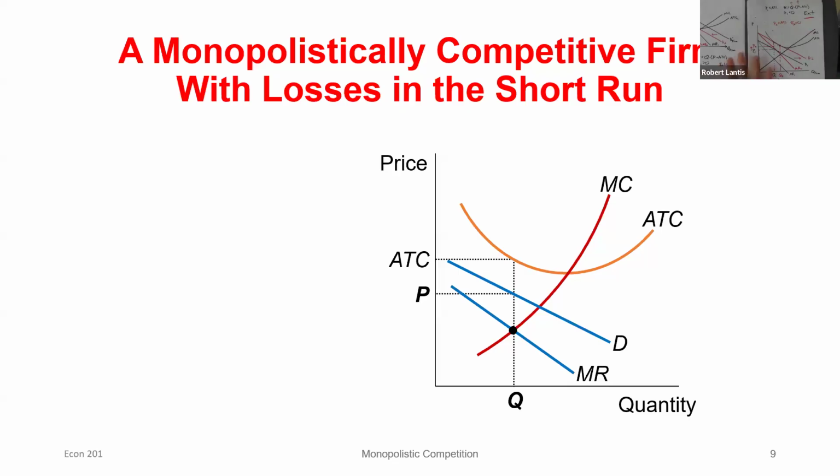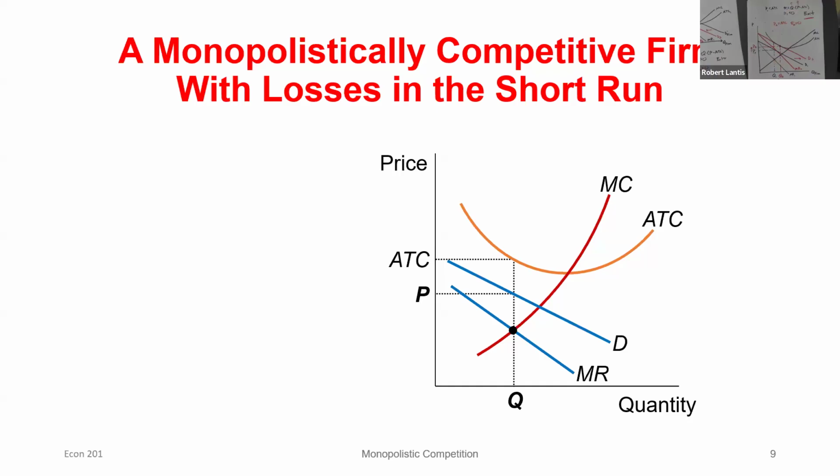Now, under both these scenarios, even when we started out with profits being negative, what was true about my price relative to my marginal cost? Price was above marginal cost. So even when profits were negative, we still have a markup in these monopolistic competitive markets.